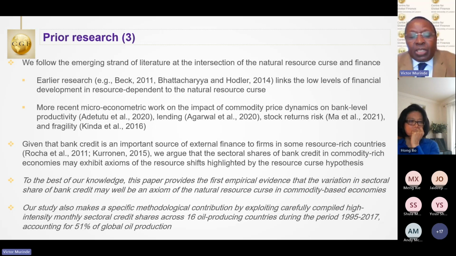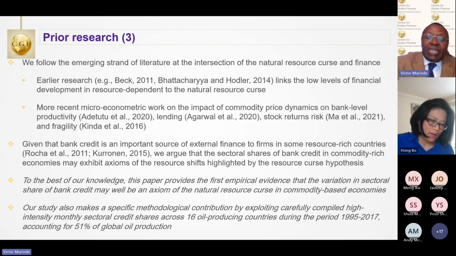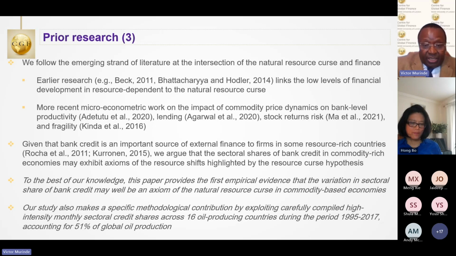In this context, our study also makes a methodological contribution by carefully exploiting high-frequency monthly sectoral credit shares across 16 oil-producing countries during the period 1995-2017.